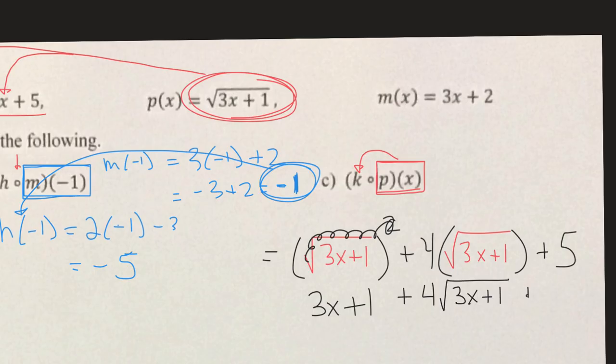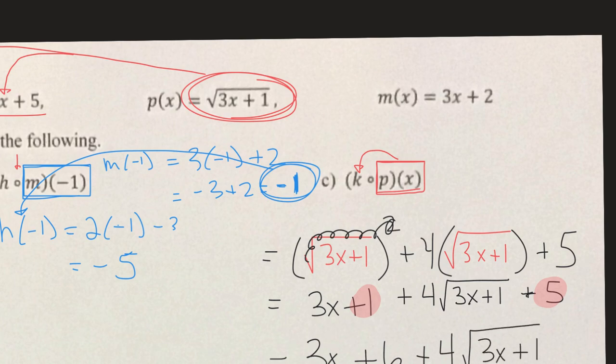And then I have my plus 5. So what can I combine? I have a plus 1 and a plus 5. So 3x plus 6 plus this random radical product. Okay, so not everything can simplify all the time, but that is the correct answer nonetheless.